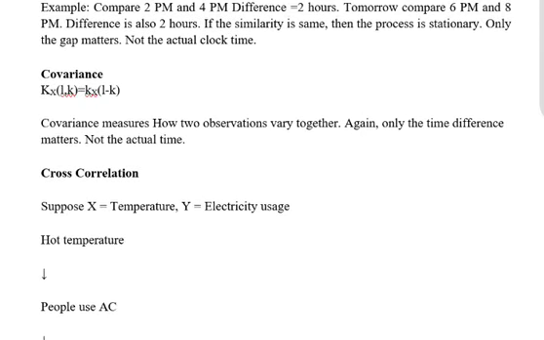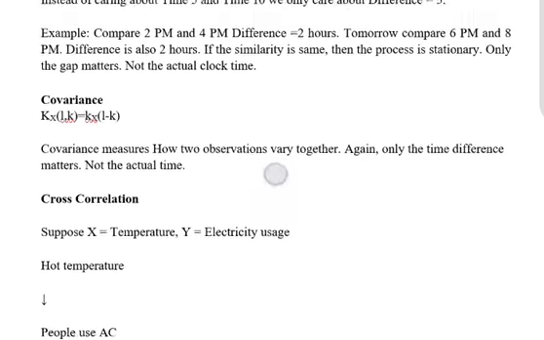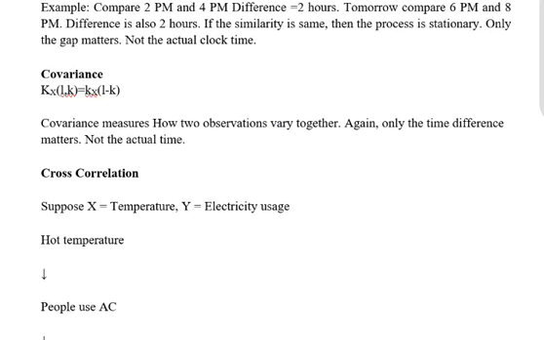In the case of autocorrelation, we have defined it between two similar signals, right? But if I want to define the similarity or variation of two different signals with respect to time, I can go with the cross correlation. Just imagine that you're having a summer season. There will be high temperature. Because of the high temperature, I'm going to use the AC. Because of using the AC, I'll be having an electricity bill. So here I have two different variables.